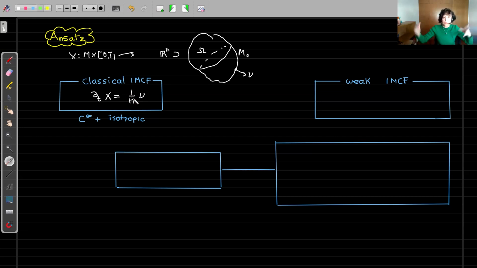So this is a purely expanding flow, meaning that after a while this gets expanding, and your M_t, that is x of m comma t, is getting rounder. And that's exactly what happens.